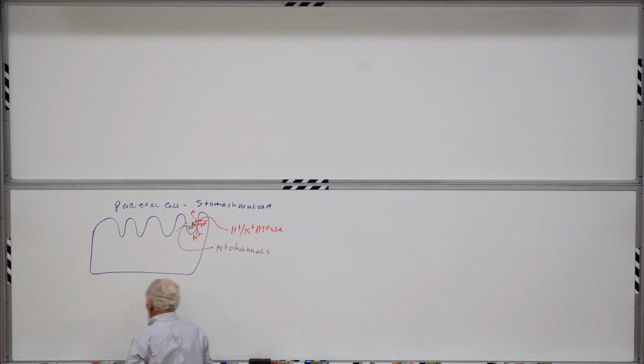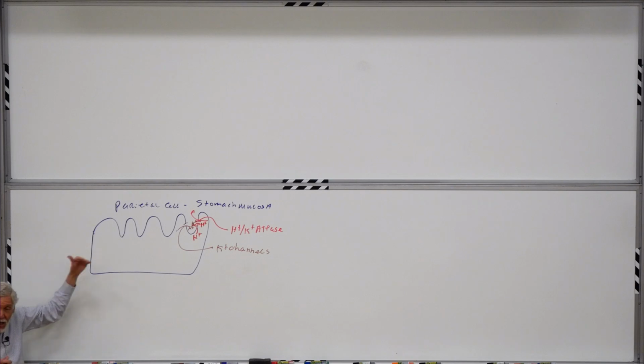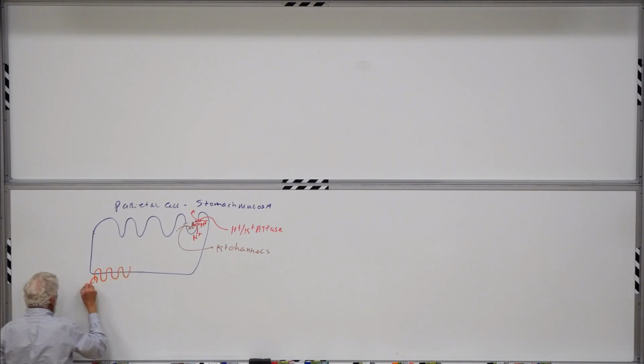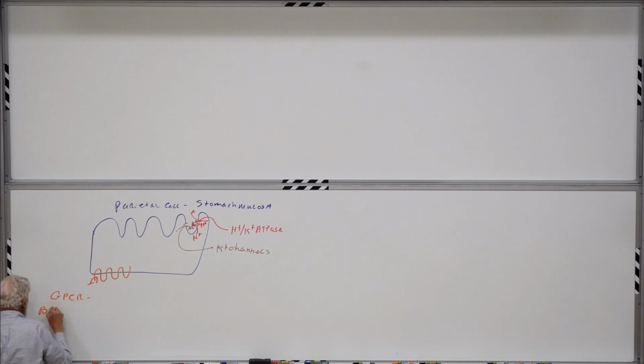And we closed with the idea that there were three major G protein coupled receptors that were regulating this event. The first one, I'll put it in orange, was a GPCR that binds gastrin.